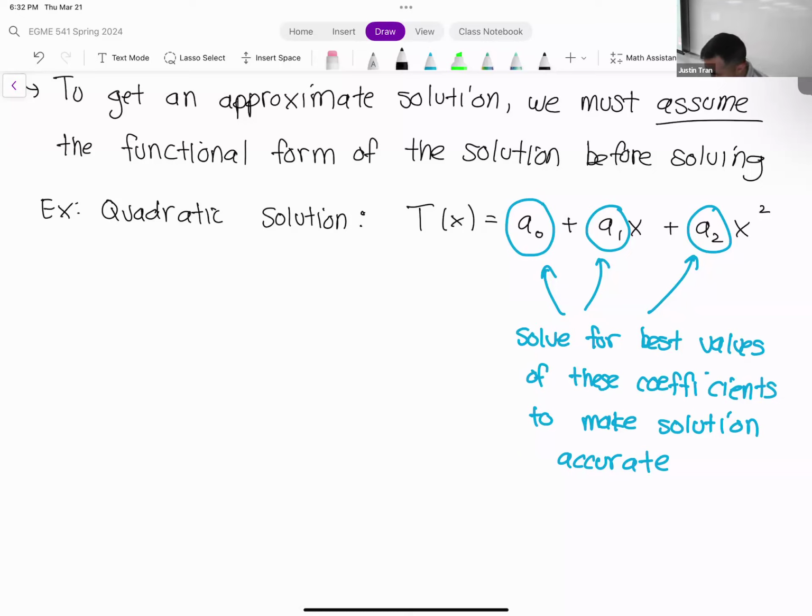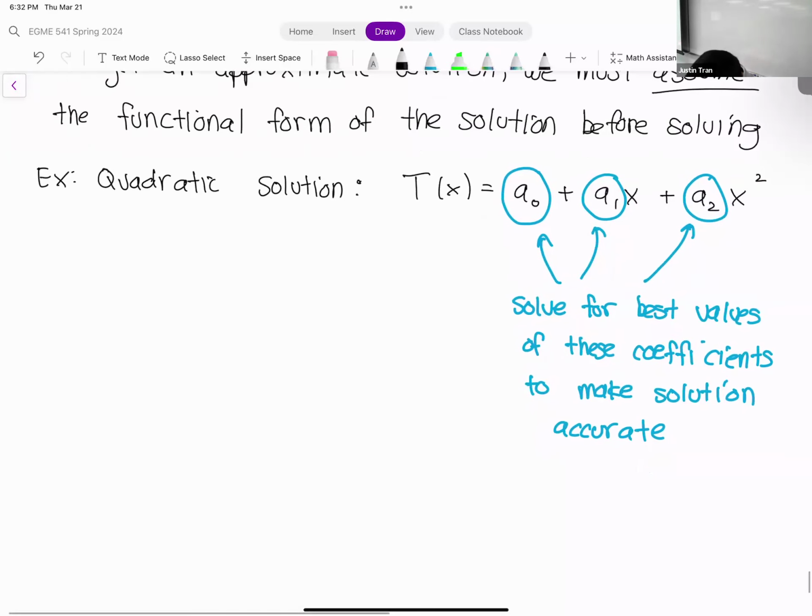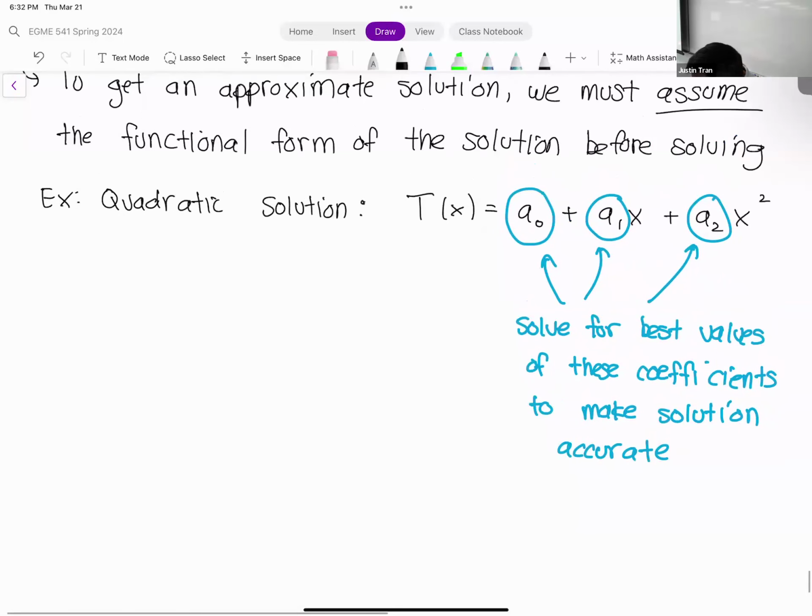Okay. Not only do we have to do this for the solution, but remember, we're doing this for our weak forms, right? And so our weak forms have that weighting function that's there as well. So another requirement for the weighting function. This is a follow-up to what I was teasing at the beginning of lecture.